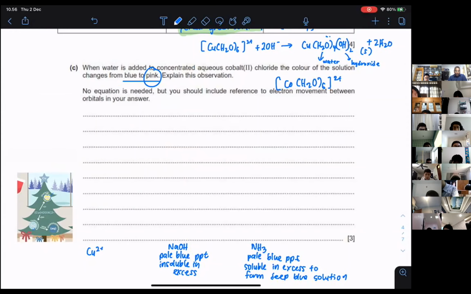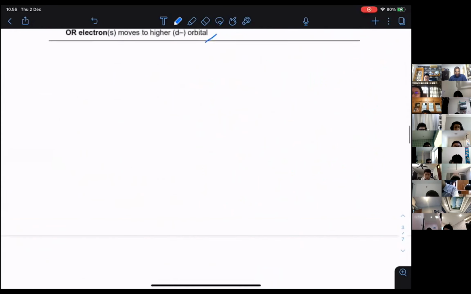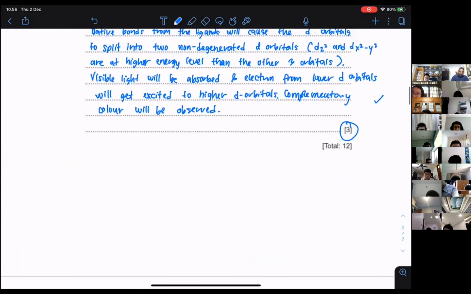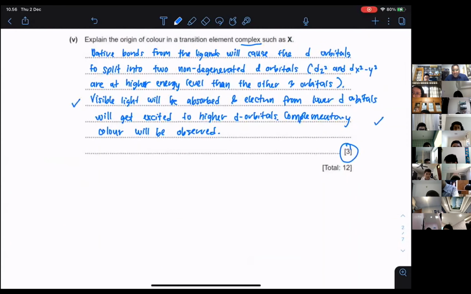So what you need to do is still the same as you explained over here, but you need to mention different ligand, because there is a ligand exchange, different ligands will cause a different energy gap between the two non-degenerate d orbitals. So you go and add another one over there, energy gap.